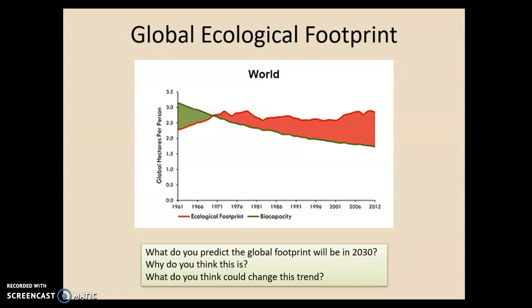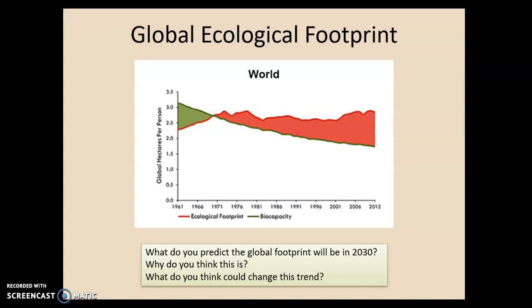And you can see here that in about the late 1960s, we went from a position of having excess biocapacity into a position of negative biocapacity, which means that global consumption shifted to an unsustainable level. So we've been living unsustainably since before even I was born, which is pretty mad.